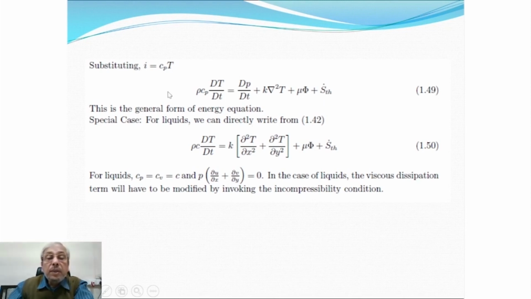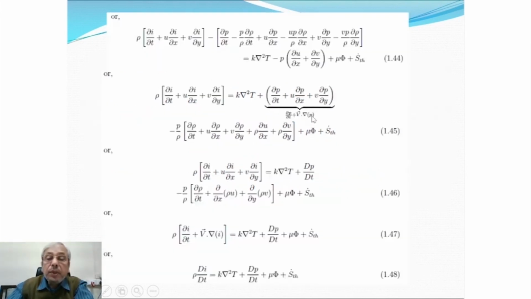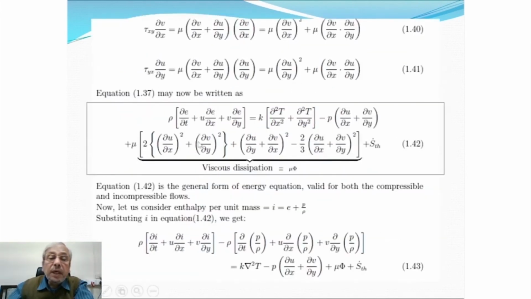Now this is the general form of the energy equation, but if we want to write it for liquids, we can write it from the general equation, but very easily we can take recourse to equation 1.42. Just let us go there.